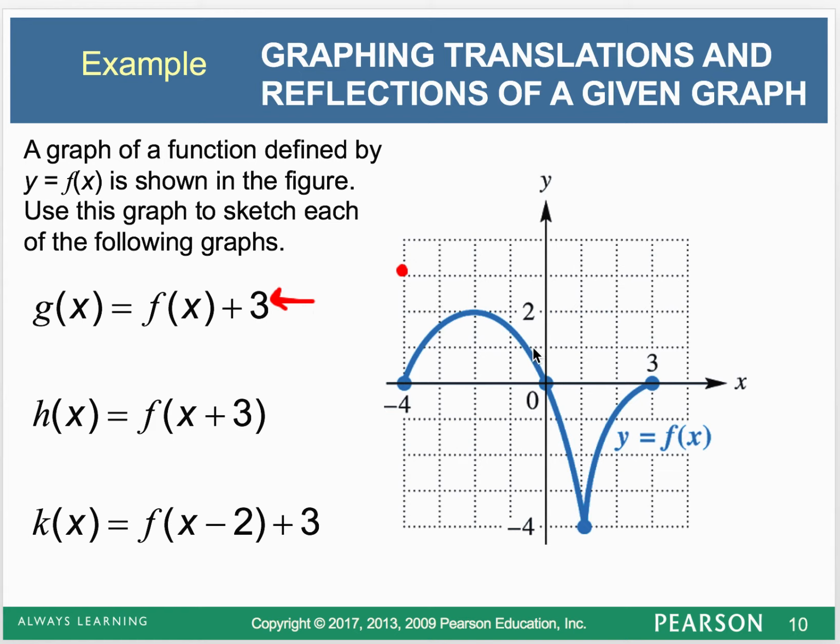So up 3. 1, 2, 3. There's not an actual point here, but I might want to go 1, 2, 3, just so I know where to draw it. And then draw in the same shape. If we could draw, we would draw in the same shape.